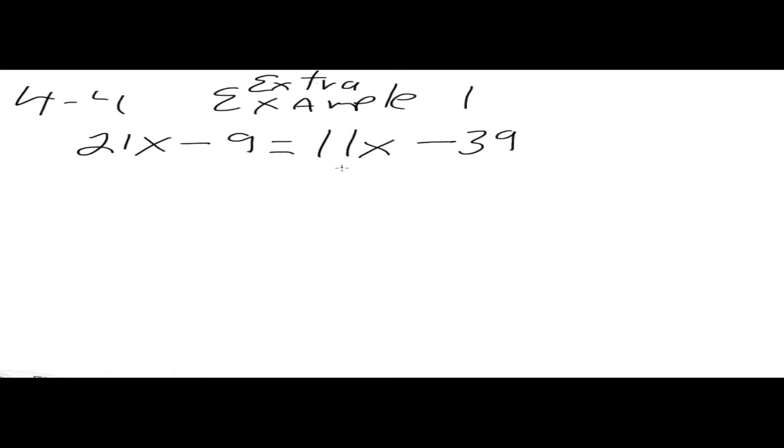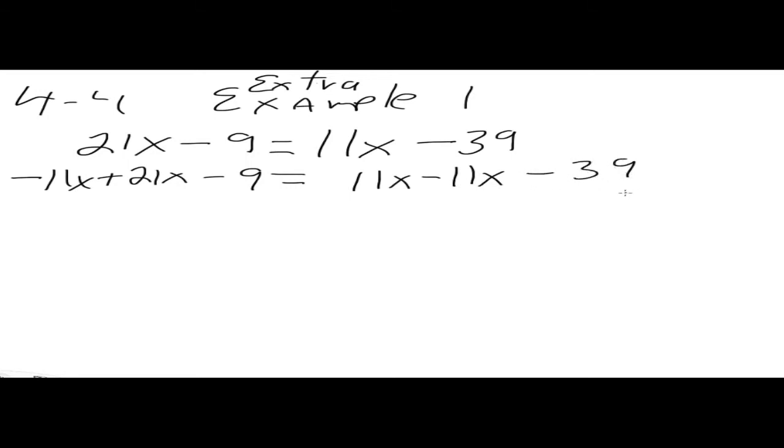I'm looking for how I might make the coefficient of x positive, and it looks like subtracting 11x from both sides works. So I have minus 11x plus 21x minus 9 equals 11x minus 11x minus 39.